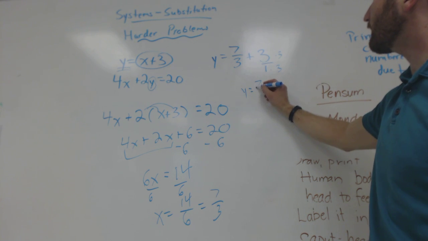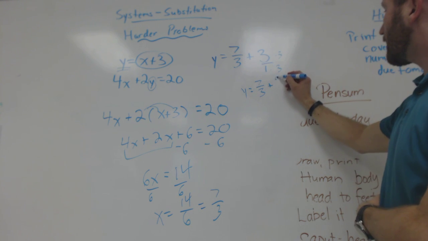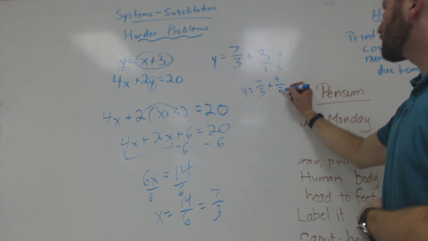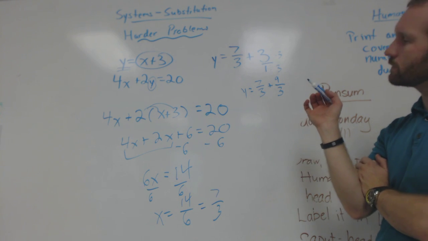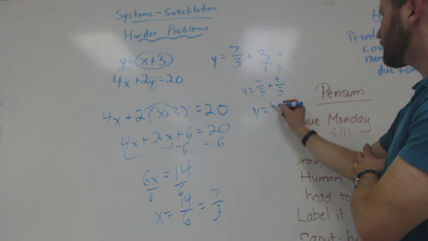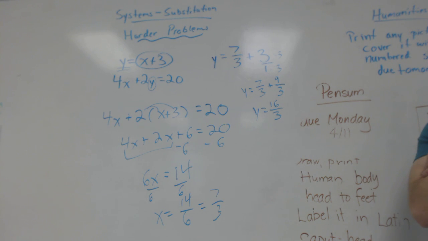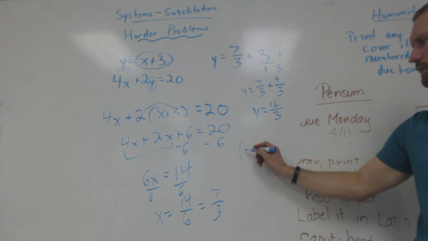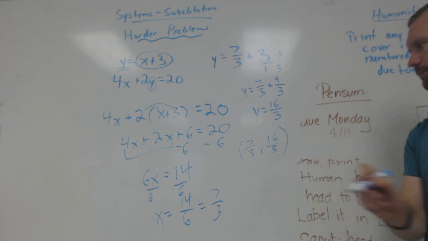Y equals 7 thirds plus 3 times 3 is 9 over 3. Oh, now I have thirds in both terms. So now I can say y equals 7 plus 9 is 16 thirds. So my answer is 7 thirds, comma, 16 thirds.